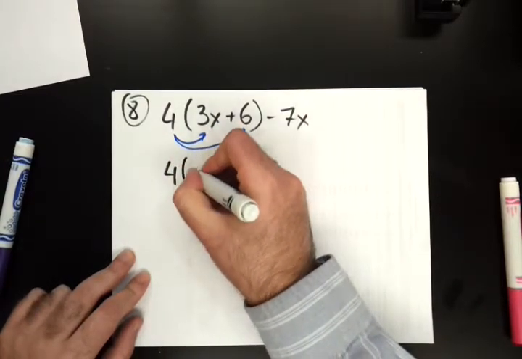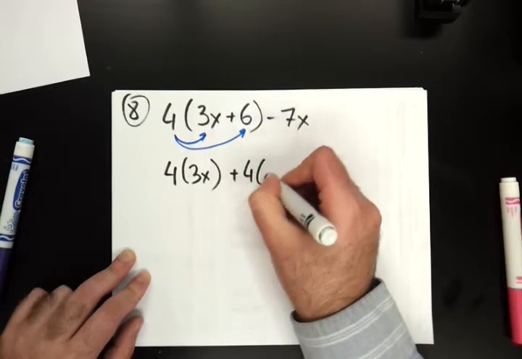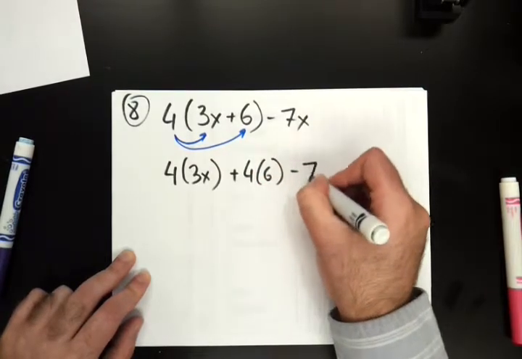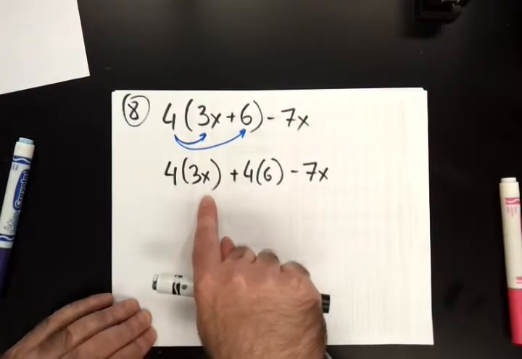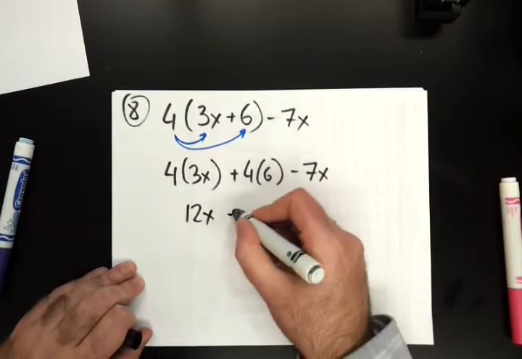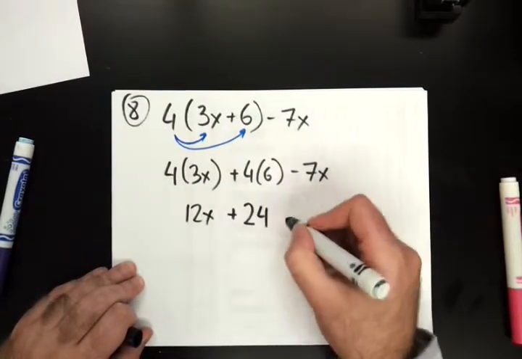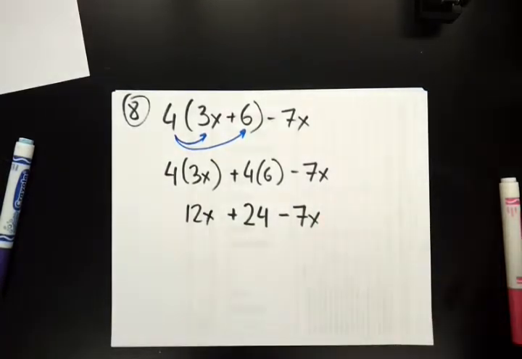4 times 3x plus 4 times 6 minus 7x. Then I'm going to do my multiplication. 4 times 3x, that's 12x. 4 times 6, that's 24 minus 7x. Then I'm going to combine my like terms.